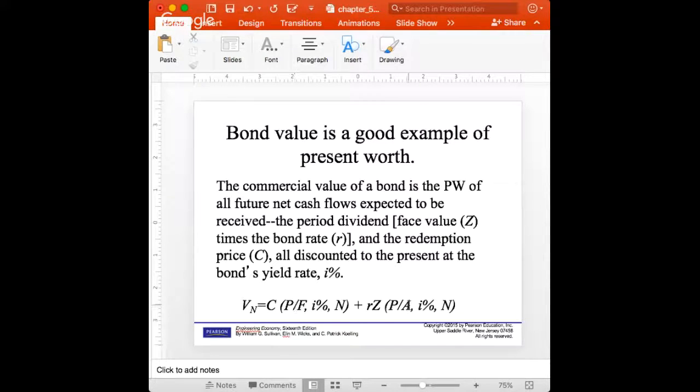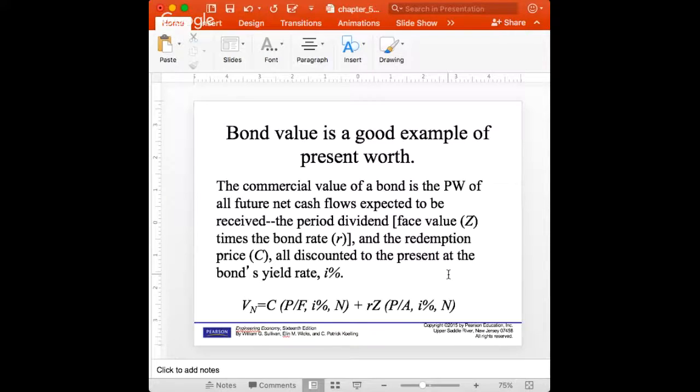So that's the one bond equation. And what we do in bond problems is we solve for one of the variables. And the truth is, there may be only 3 key variables here, because Z never changes, R never changes. And at any point in time, N is fixed.